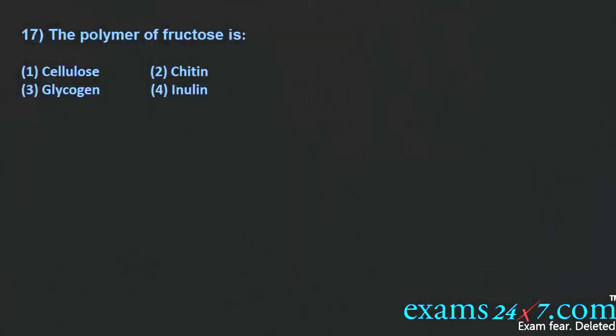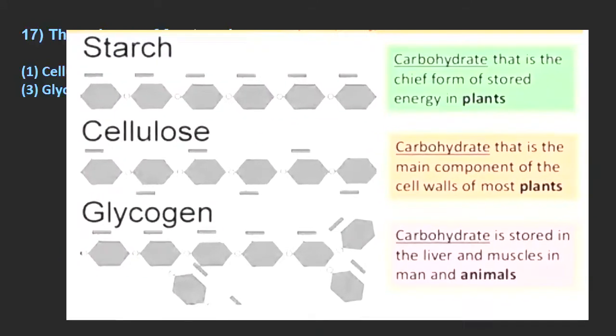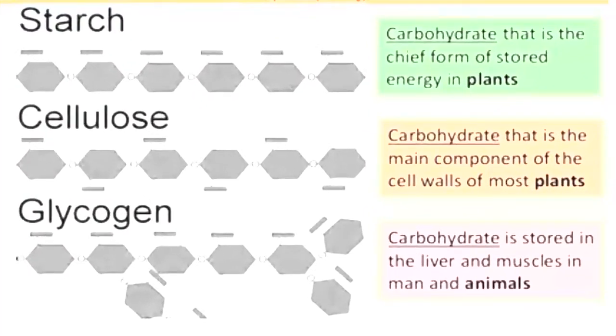Third is glycogen. Glycogen is a homopolymer of again glucose. The difference between glycogen and cellulose is glycogen is going to have secondary chains and thereby iodine can bind to it, thereby glycogen is going to test positive to iodine test, whereas cellulose does not show a positive result to iodine.